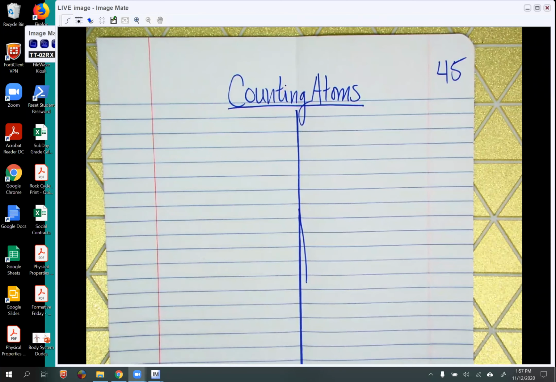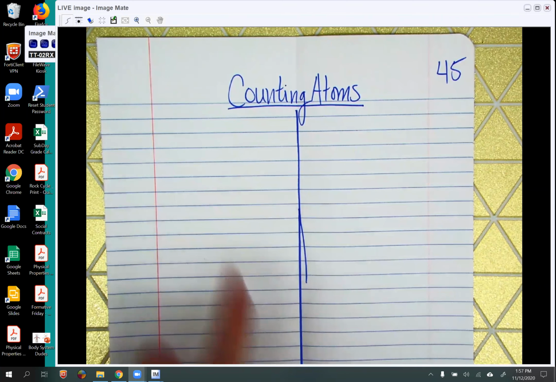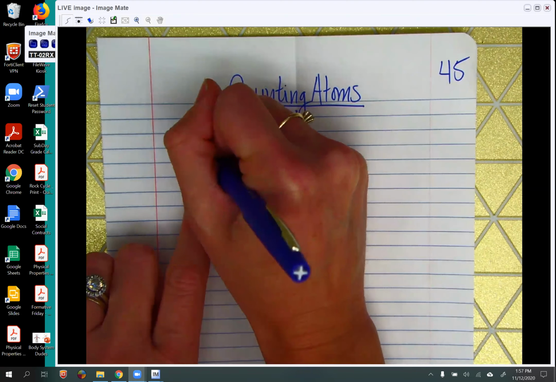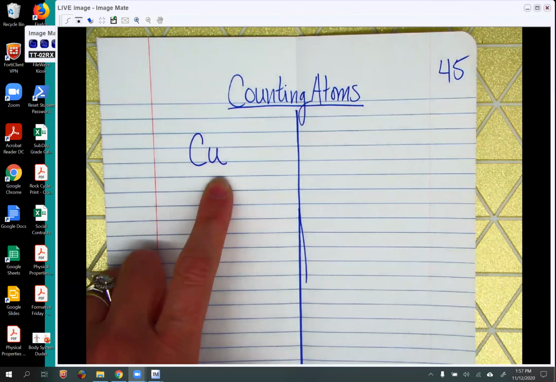Okay, so the first thing you have to look for when you're trying to figure out the number of atoms in a molecular formula is to look for the chemical symbol. So an example of a chemical symbol would be Cu.